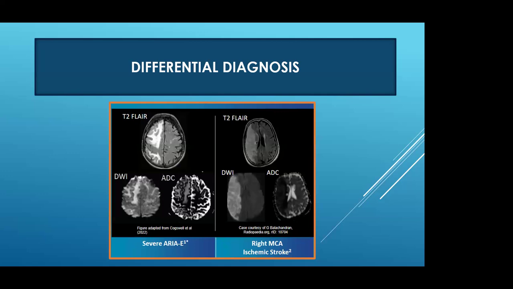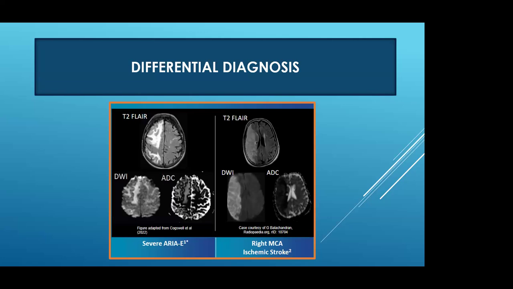Again, right here, we're going to see the parenchymal FLAIR hyperintensity of ARIA-E edema, and we know that can essentially mimic an ischemic stroke. But again, the diffusion-weighted images will be needed in this case to differentiate the two of them. And another thing that I didn't mention before, so we don't forget about it: we're talking about a patient with symptoms, right?